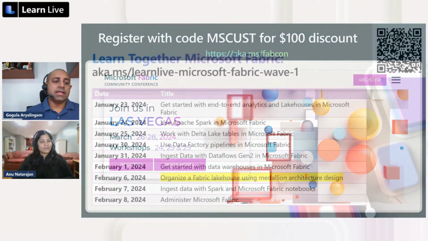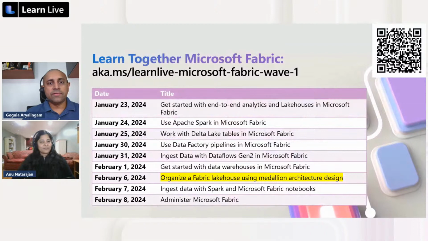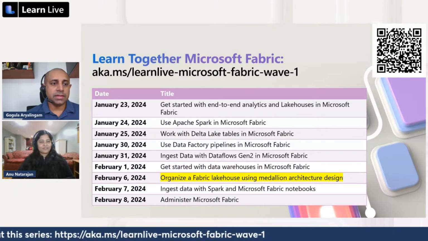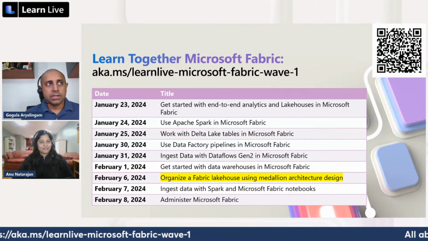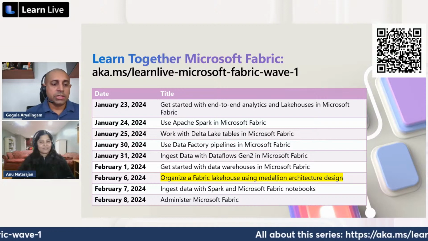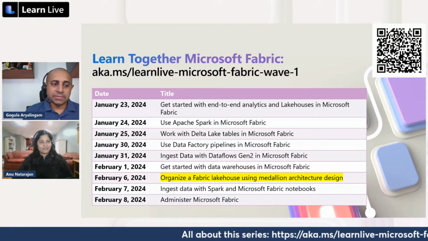So with that, let's take a look at the list of Learn Together sessions that we have. We've already gone through 6 of them during the last part of last month and the beginning of this month. So today we'll be talking about organizing a Fabric lakehouse using the medallion architecture design.